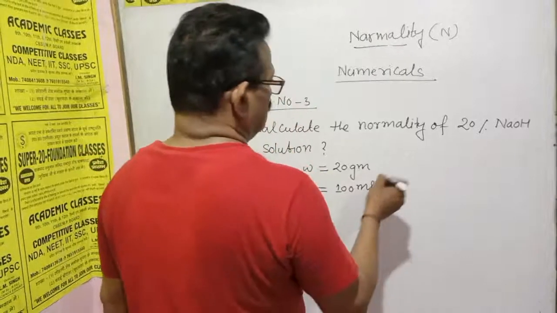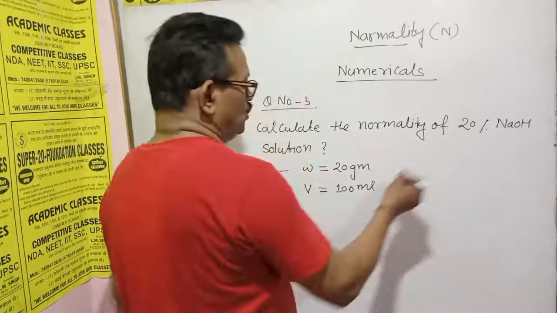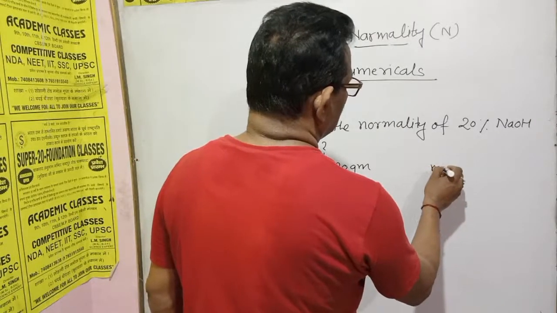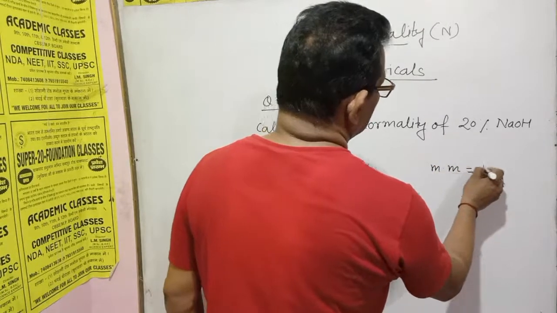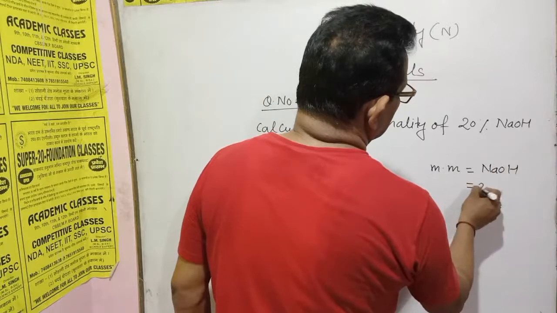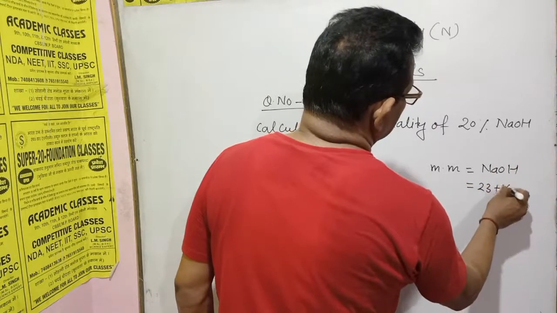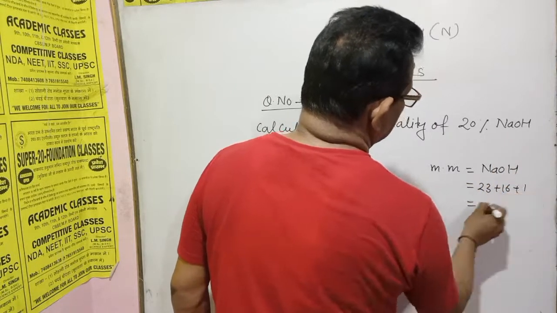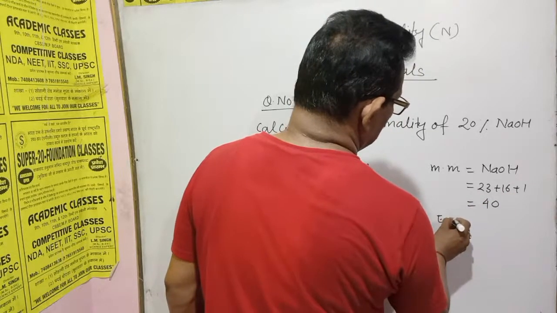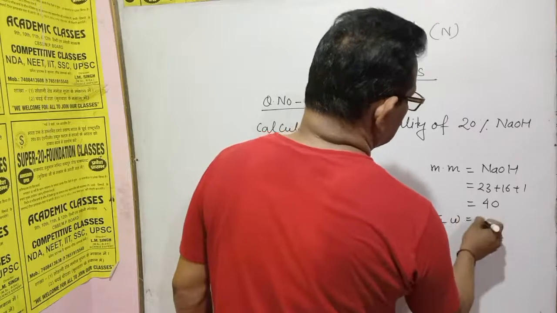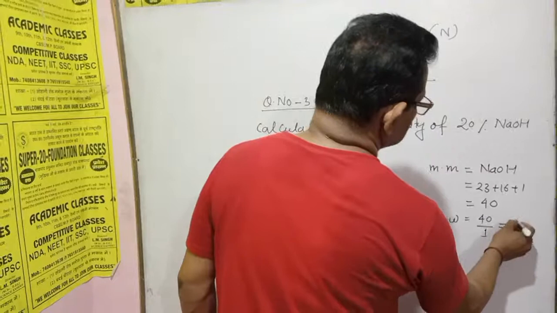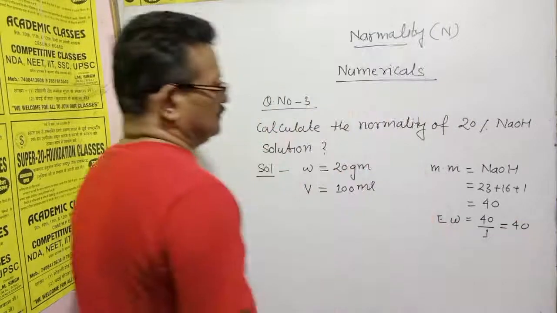You can also calculate the molar mass of NaOH. Then you calculate the equivalent weight. The number of sodium is 1 here, so the equivalent mass is 40.